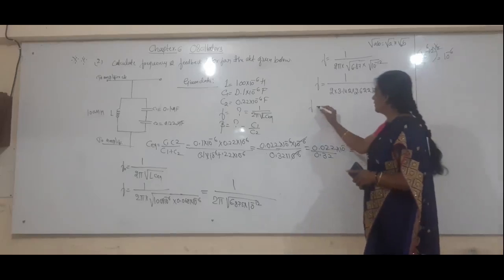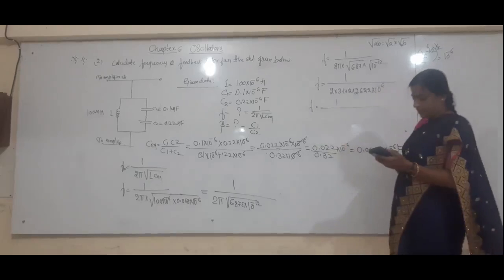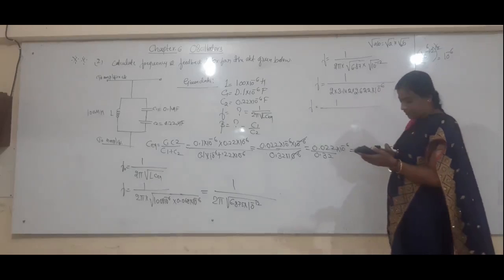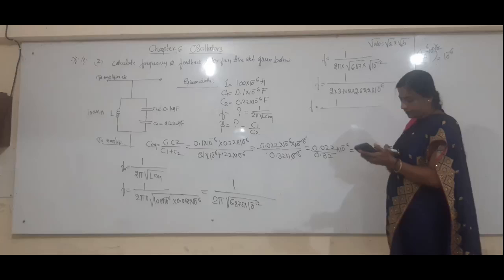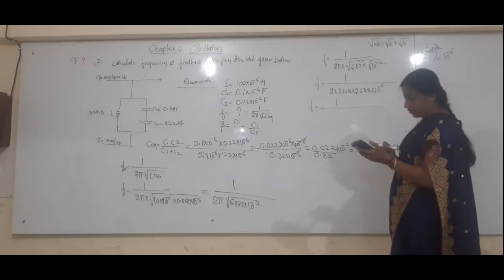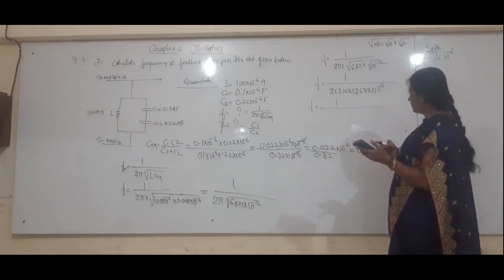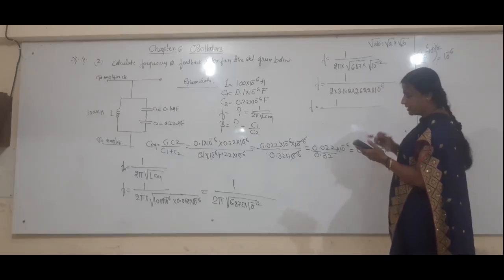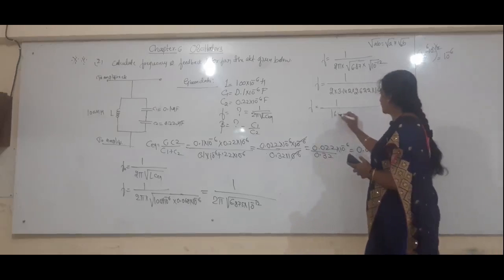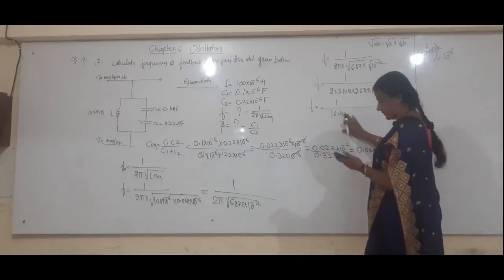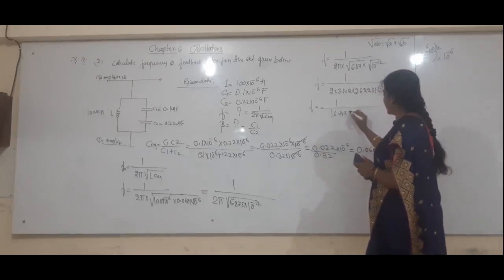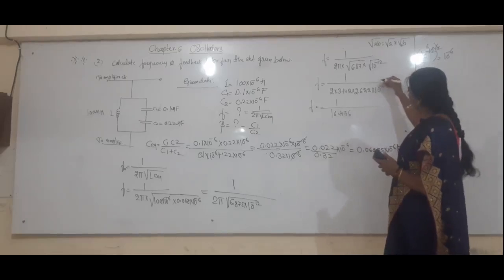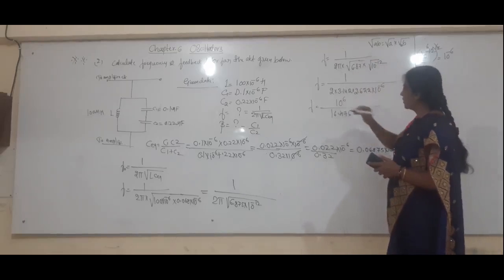Now directly multiply all the values. That is 2 into 3.142 into 2.622. So that is 16.476. Bring this 10 raised to minus 6 into the numerator, that is 10 raised to plus 6.